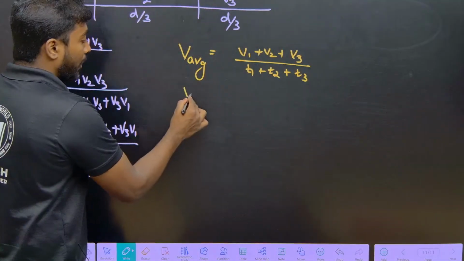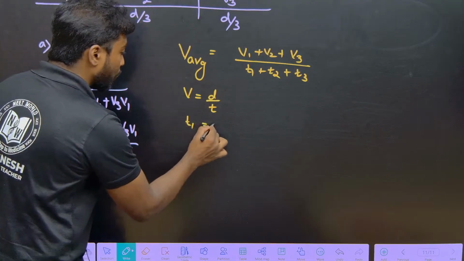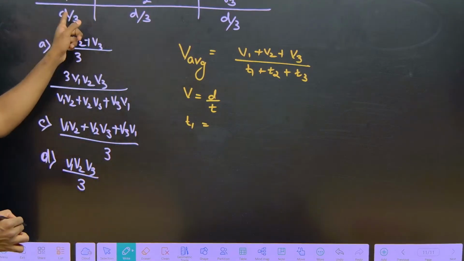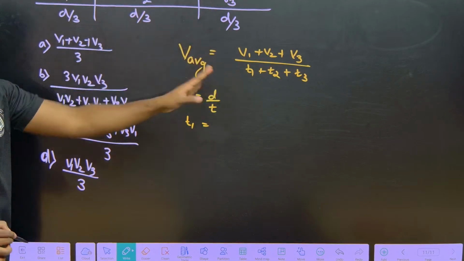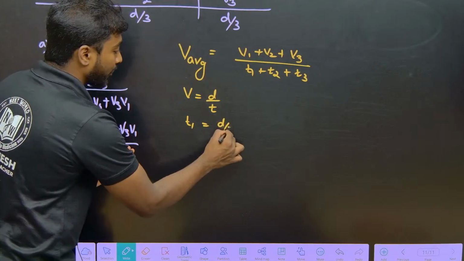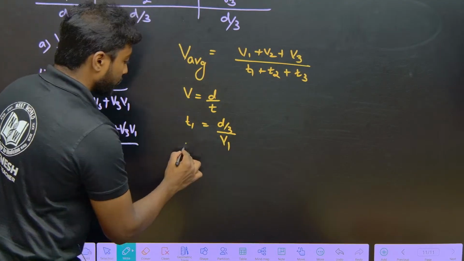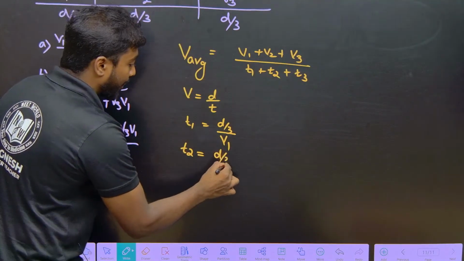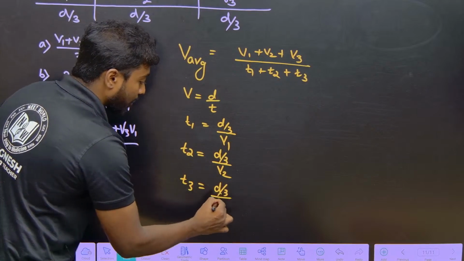We know the formula, velocity equals displacement by time. So T1 equals d by 3 by V1. What about T2? d by 3 by V2. T3 will be equals to d by 3 by V3.